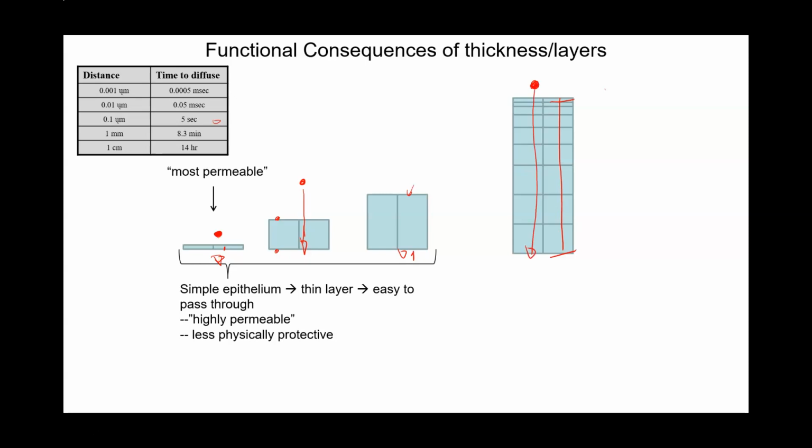And so what this boils down to is that simple epithelia, right, whether it's columnar or squamous, is thin enough to be easily passed through. All of these are relatively permeable, but they're not particularly protective because it's only a single layer. This is the most permeable. This is slightly less permeable. Slightly less permeable still.